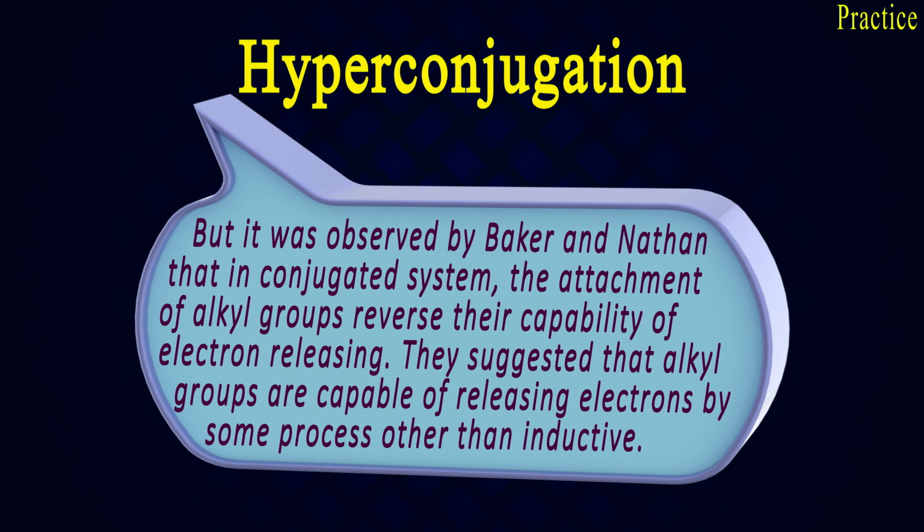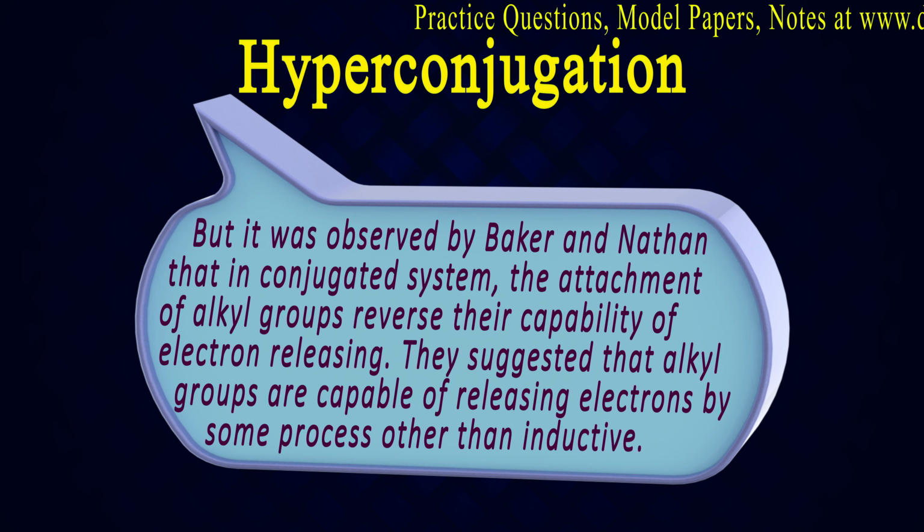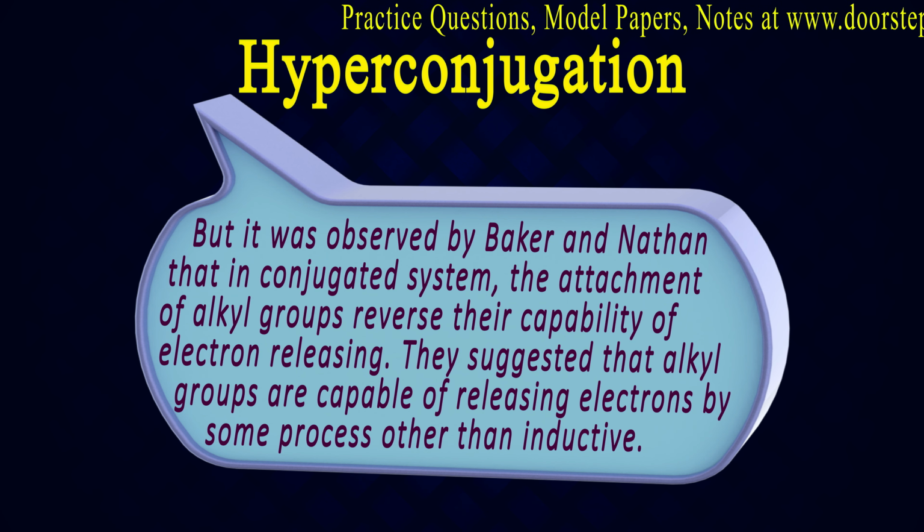If you see that the carbon which is attached with 3 alkyl groups is having the highest plus I effect, but in a conjugating system we will see that the carbon which is attached with 3 alkyl groups will have the lowest electron releasing capability than the carbon which is attached with hydrogen.